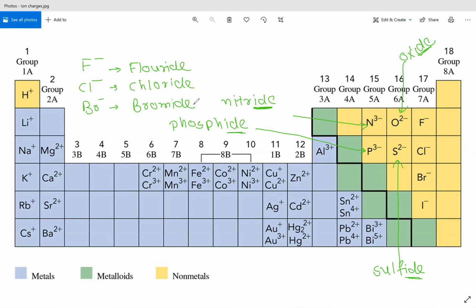Br minus, bromide, and I minus, iodide. So this is seven, I would say eight of them. All of these will be referred to as monoatomic anions, and every time you have a monoatomic anion, we are going to use IDE as the suffix.